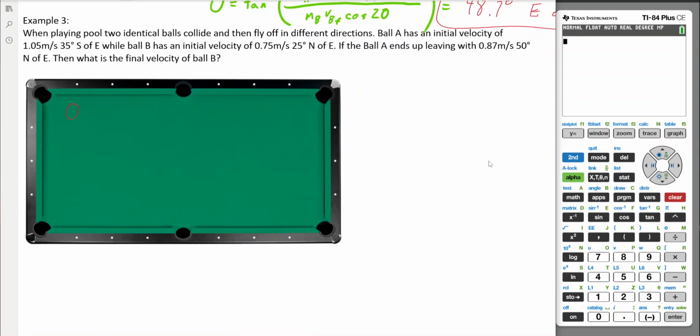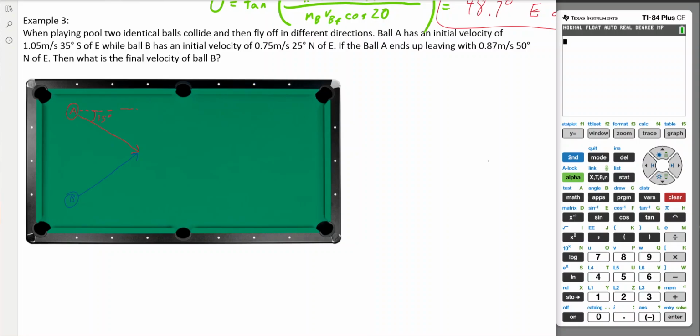Basically we've got two balls. We've got ball A coming in like this, and we've got ball B coming in like this. Let's label the directionality of it. Ball A is going south of east, so if this is east, this would be south of east, 35 degrees.